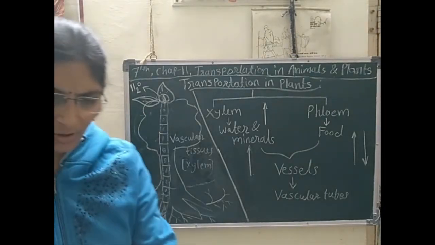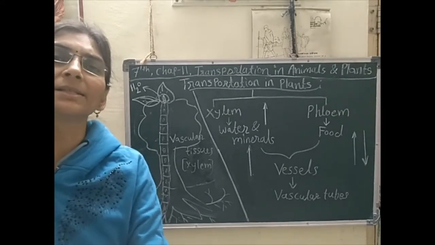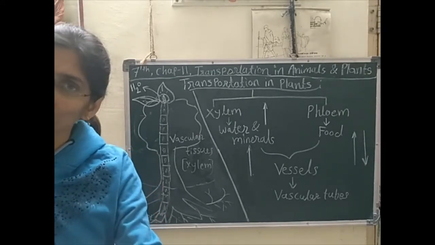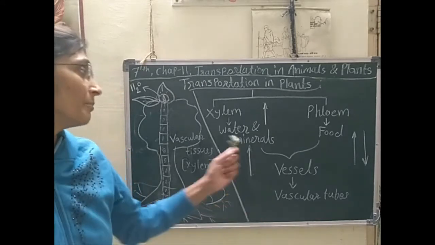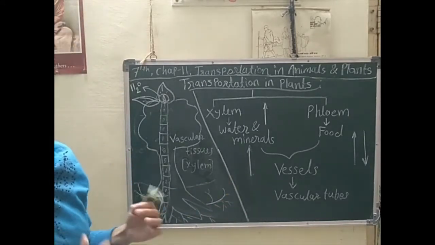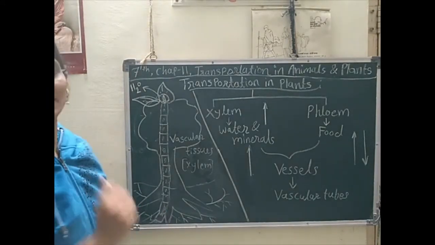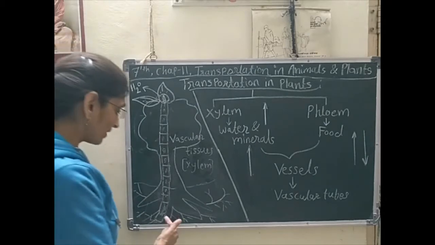So for all these parts food is very necessary. Water is also very necessary, and minerals, for the preparation of food and for the growth of the plant, are also very necessary. So these things get transported from the soil.